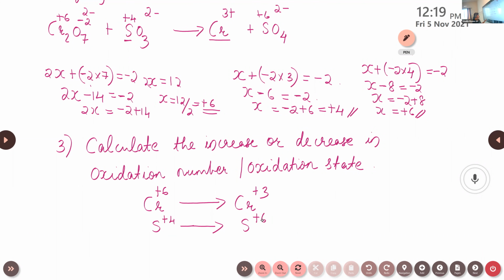And in the case of sulfur, it is plus 4, converted to plus 6. So here it decreases by plus 3, right? Decreases by plus 3. Then here it increases by plus 2. Increases by plus 2.